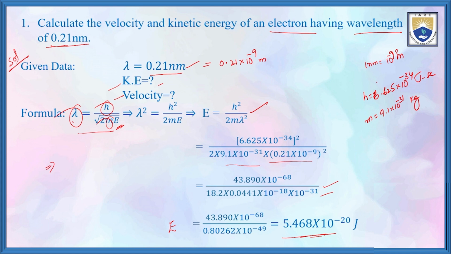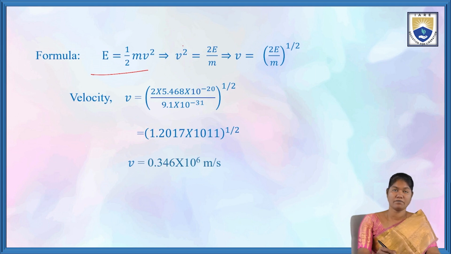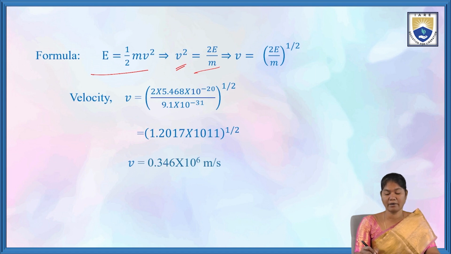Now we need to calculate the velocity. For that we use E is equal to half mv square. From this we have to calculate the velocity. So v square is equal to 2E by m, which implies v is equal to root of 2E by m.